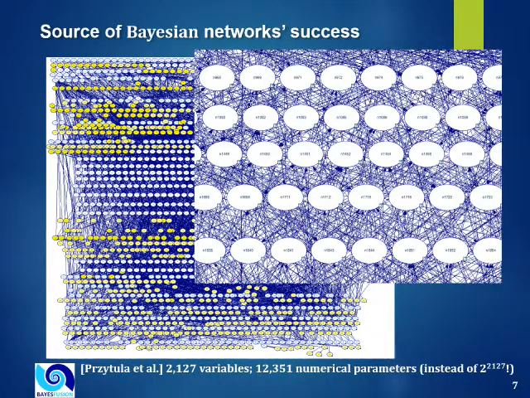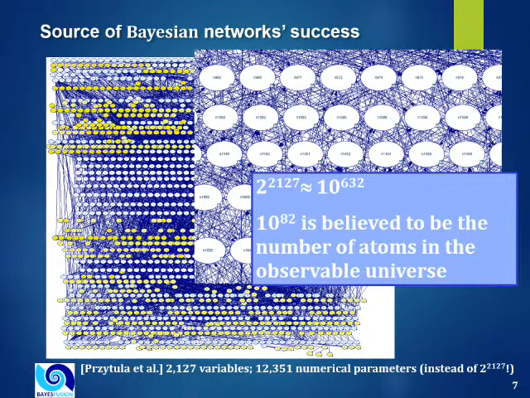Let me magnify the middle part of the network. You see that this is a spaghetti of connections, and 2 to the power of 2100 is roughly 10 to the power of 600, which is orders and orders of magnitude more than the currently believed number of atoms in the observable universe.